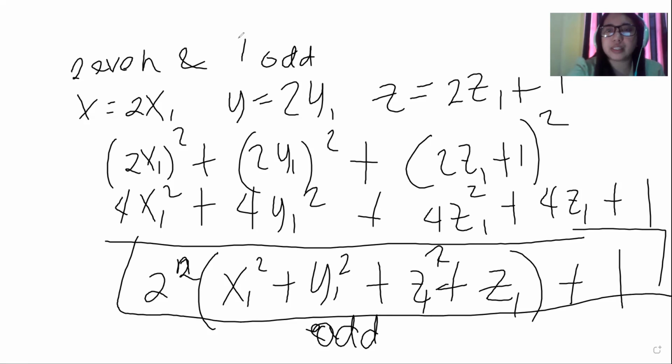So let us make a summary for this. For case 1, when three are even, the result is even. For case 2, two odd and one even, the result is even.